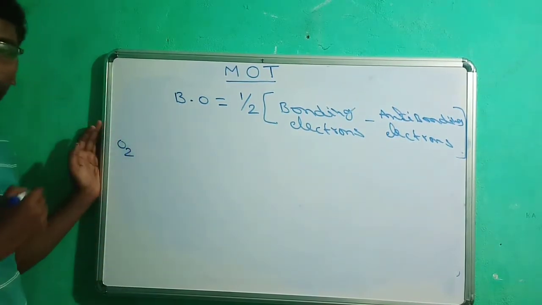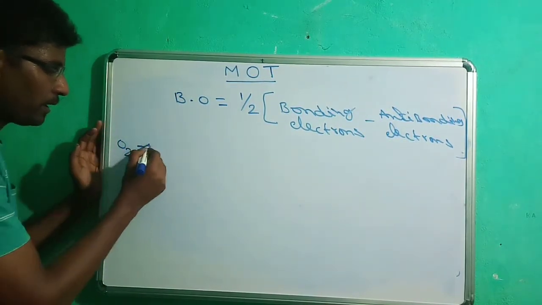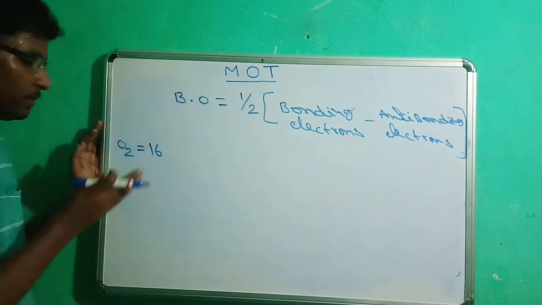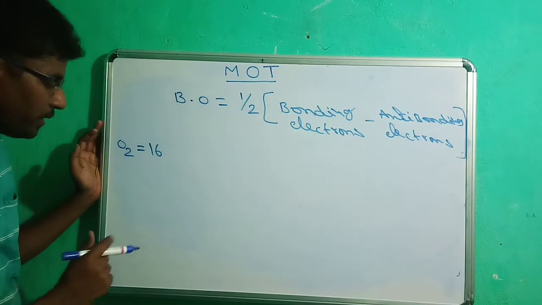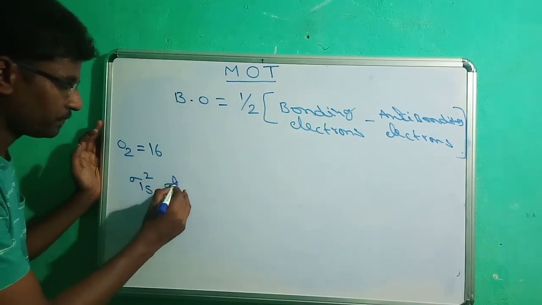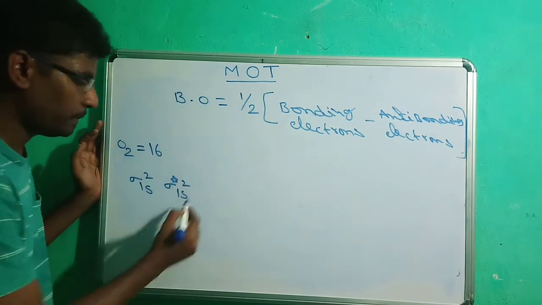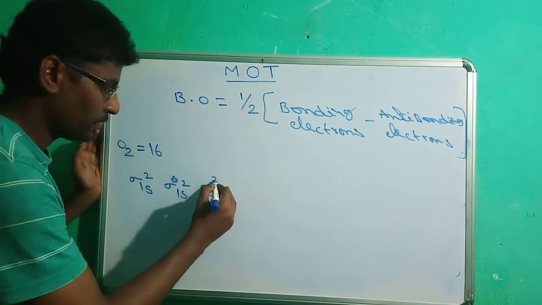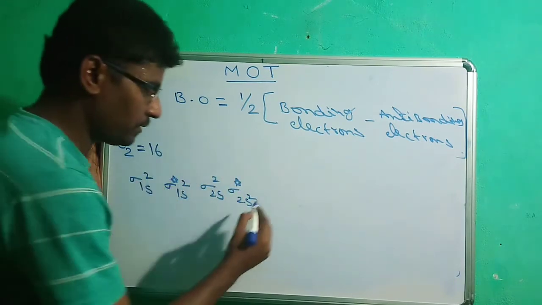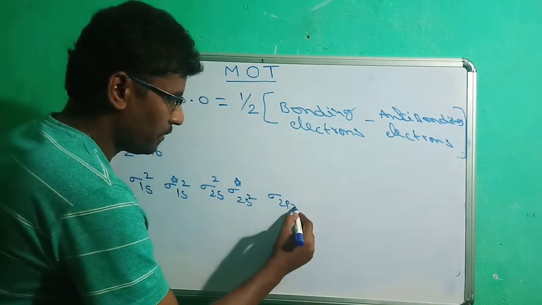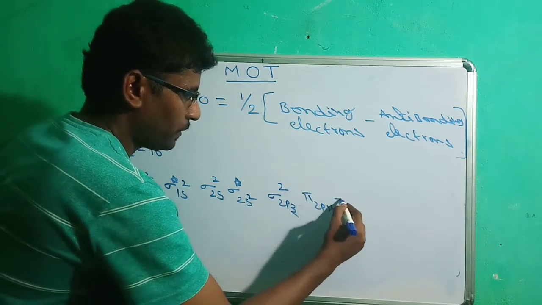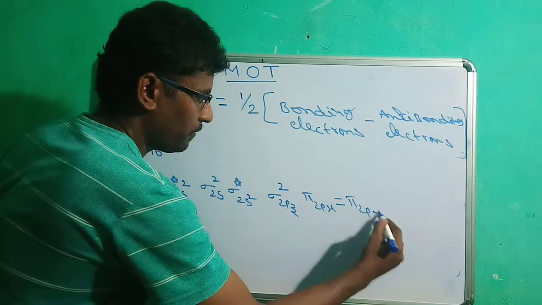If you are taking the O2 molecule, it contains 16 electrons. The 16 electrons must be filled into the second electronic configuration, that is sigma 1s2, sigma star 1s2, sigma 2s2, sigma star 2s2, and sigma 2pz2, then pi 2px equal to pi 2py.